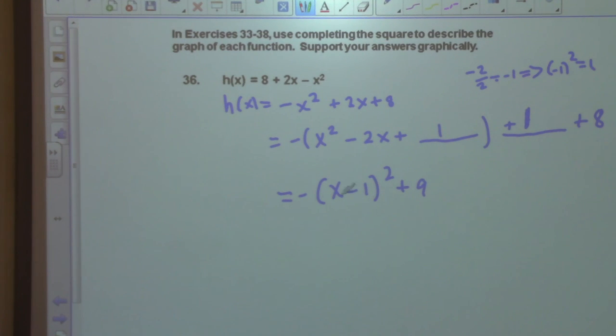And then one thing you can always do to check, how can you check your work on these things? Chloe, you got a test next week on this. How are you going to check your work to make sure you got this right?